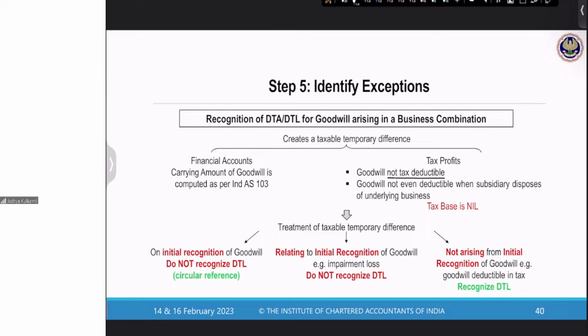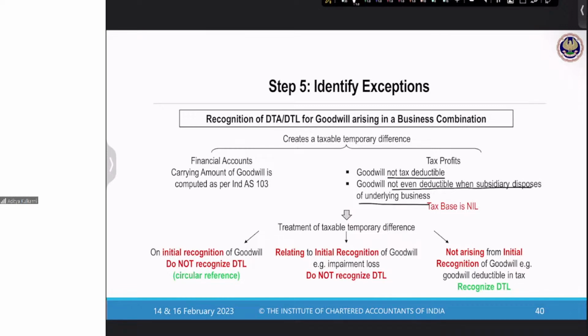That means in future, if I impair this goodwill, I'm not going to get a deduction for it. I'm not going to get a deduction for the excess amount paid because there is no concept of consolidation for tax purposes. It is not even deductible when the subsidiary disposes of the underlying business.